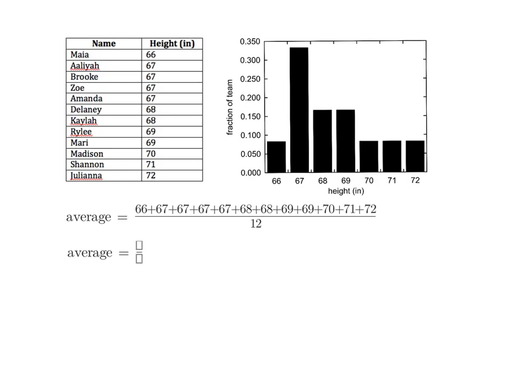Let's rewrite this a little bit by grouping all the heights together that are the same. So we can write 66 plus 4 times 67 plus 2 times 68 plus 2 times 69 plus 70 plus 71 plus 72, again divided by 12, because that's the number of heights that we're averaging together.